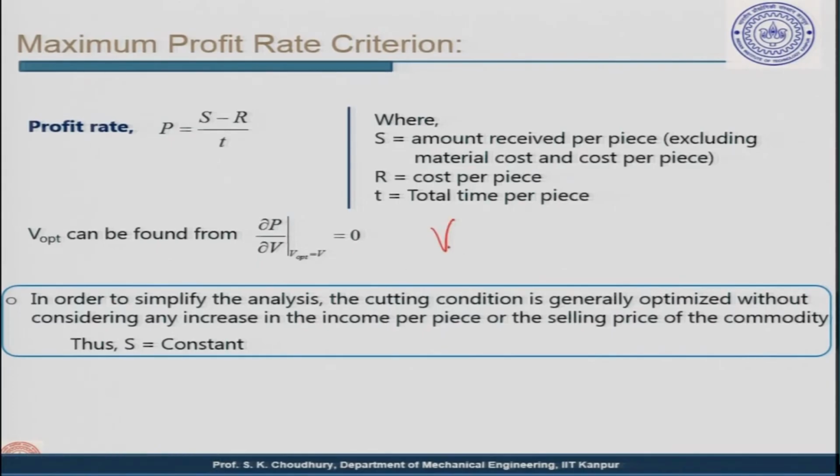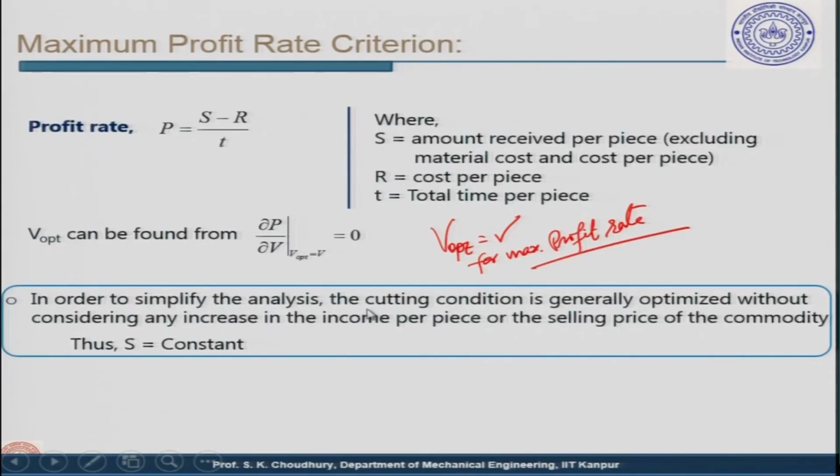So, here that V optimum value can be found out for maximum profit rate. Here we are saying that in order to simplify the analysis, the cutting condition is generally optimized without considering any increase in the income per piece. So, this selling price we are saying is a constant.